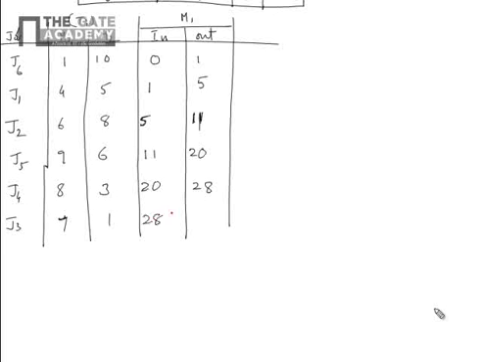Sorry, 28 plus 7 is 35. So for machine 1, there is no need to wait for anything else. It can run continuously.